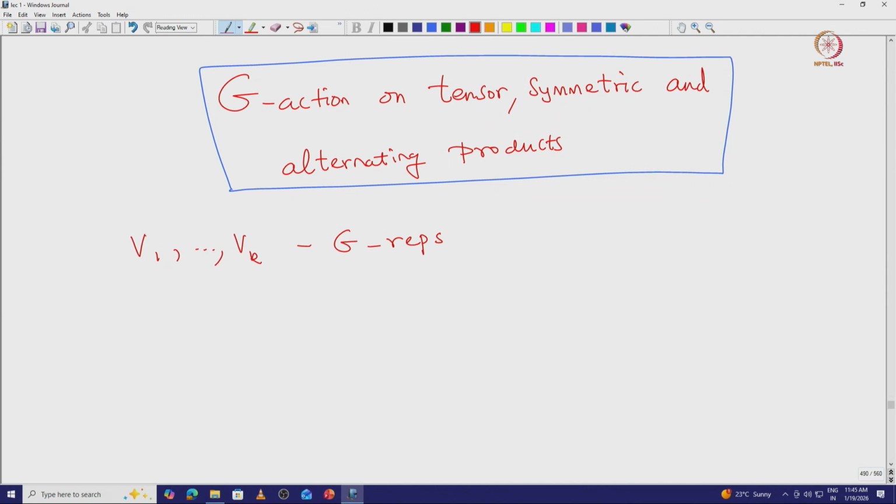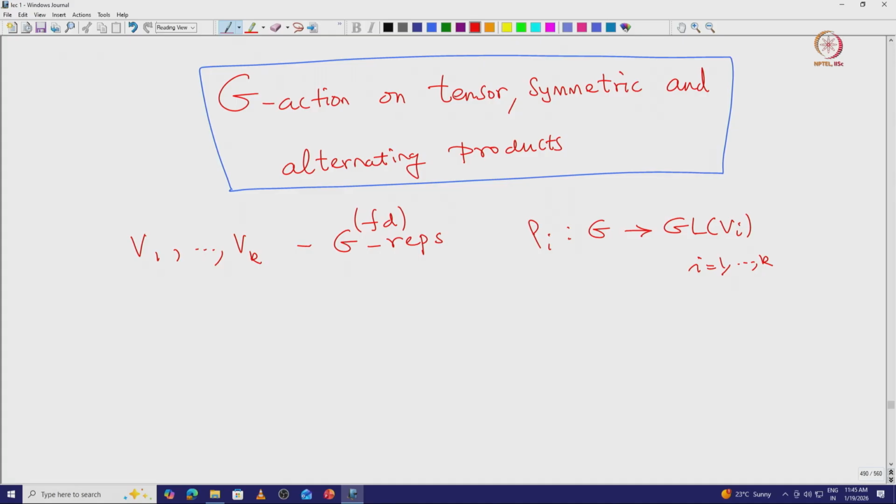If you want, for simplicity, you can just assume that they are all finite dimensional. Let us say they are given by these maps rho i, which is a map from G to GL Vi. So, now what we want to do? We want to define this G action on the tensor product.